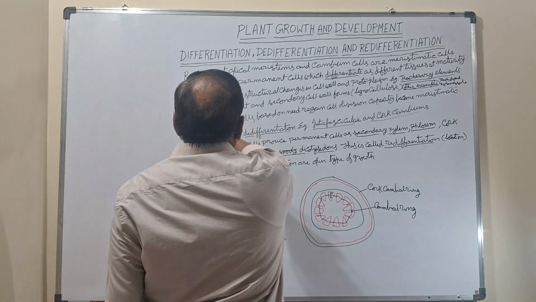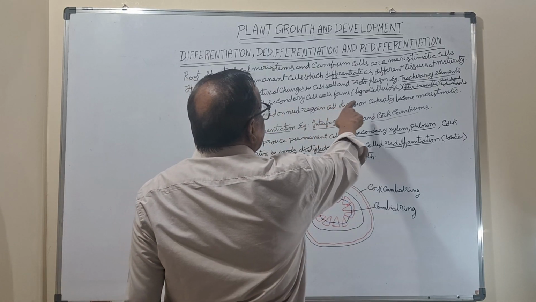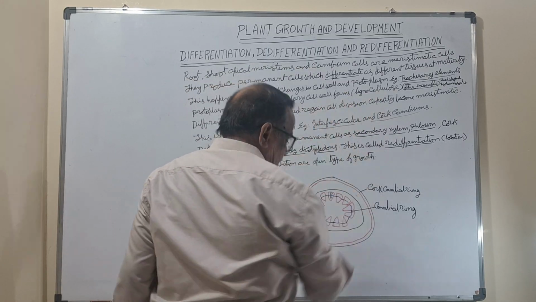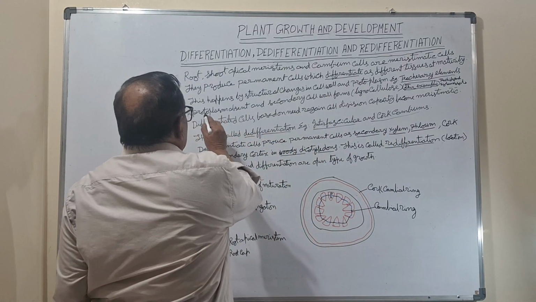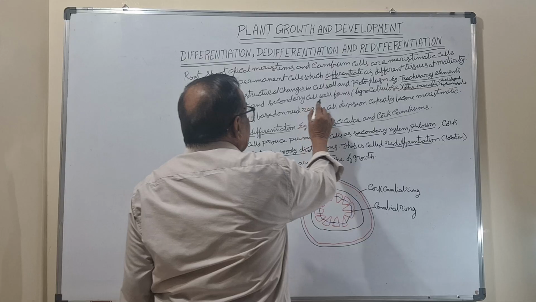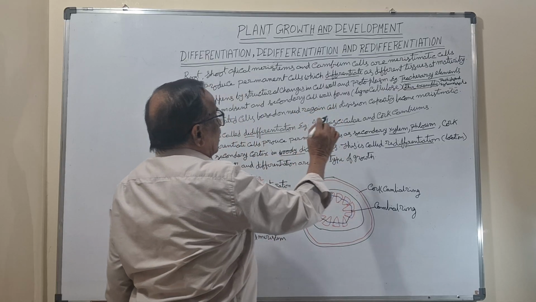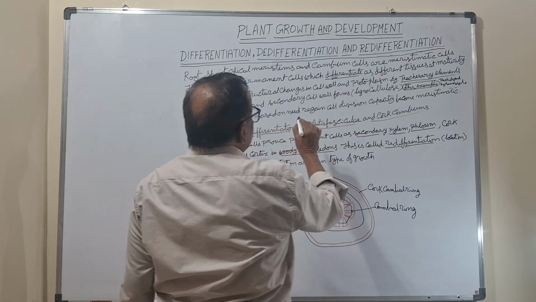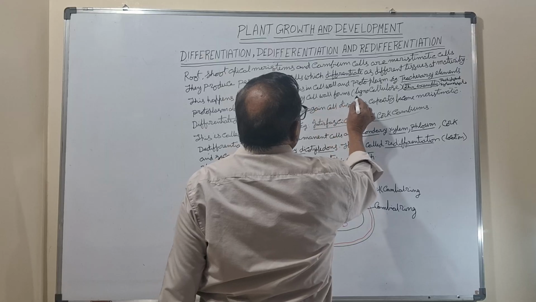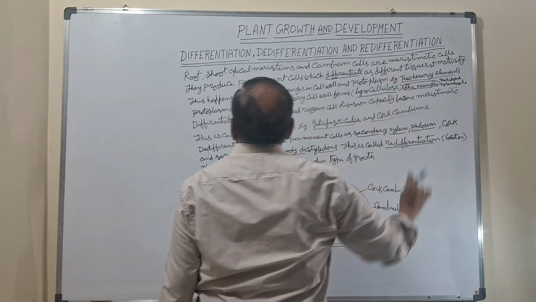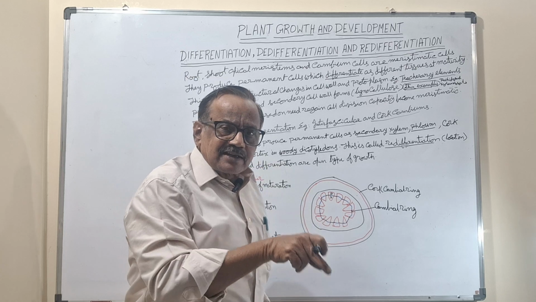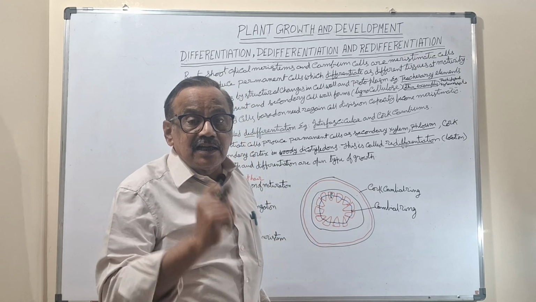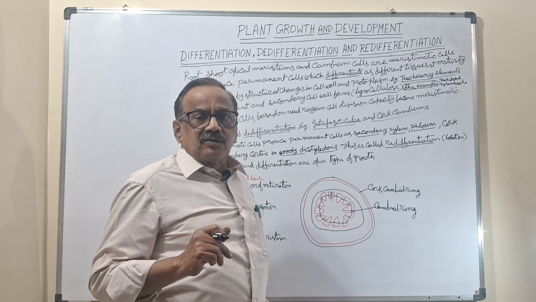That is, protoplasm is absent and the secondary cell wall forms lignocellulose. This is the important bit. Where in the tracheary elements, he mentioned that one. What is a tracheary element? You will get the doubt.